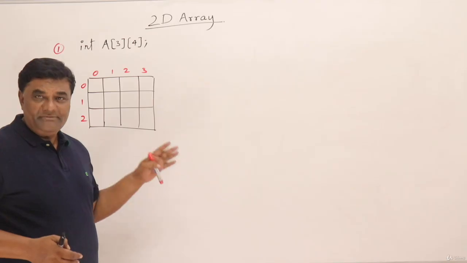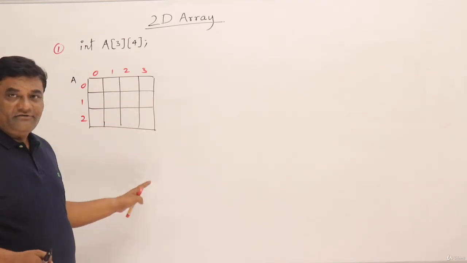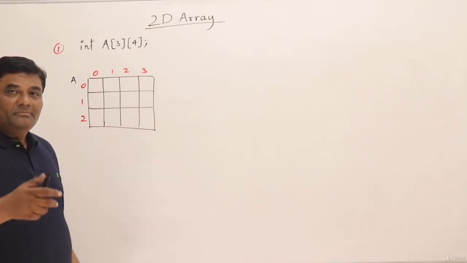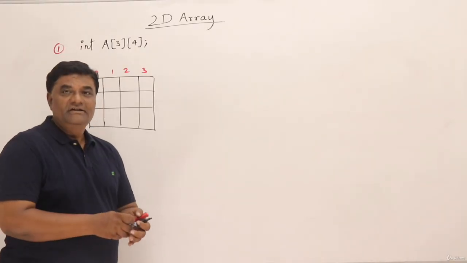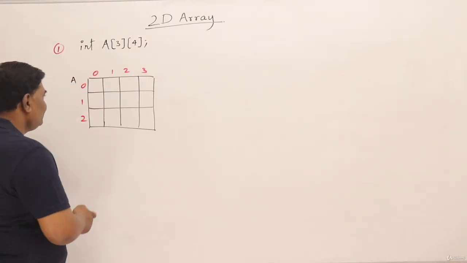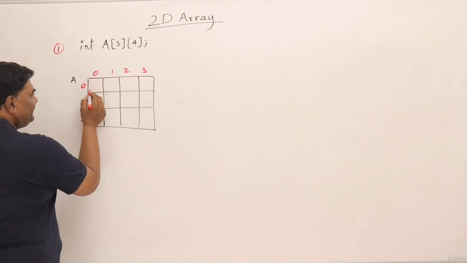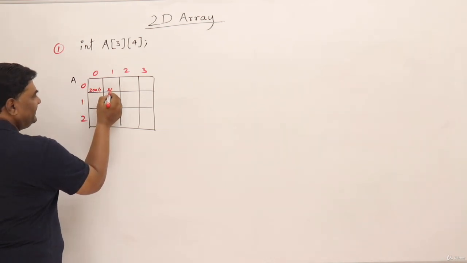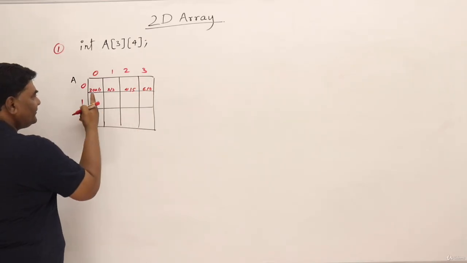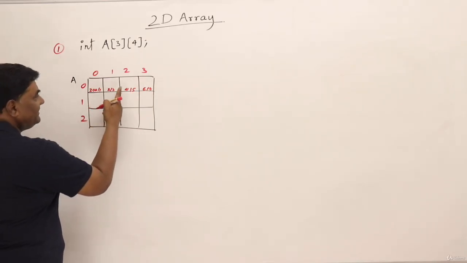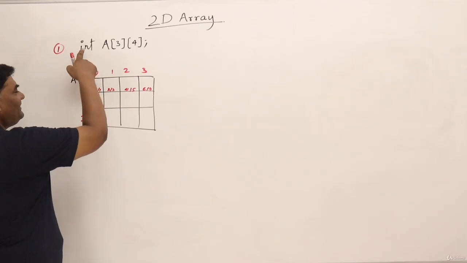We represent a two-dimensional array in rectangular form, like a box. But really the memory allocated will be linear. For example, if you want to look at the addresses, let us assume that the first byte's address is 200 and 201. Then this is 202 and 203, 204 and 205, 206 and 207. This is the memory for each integer, as we are assuming that an integer takes 2 bytes.